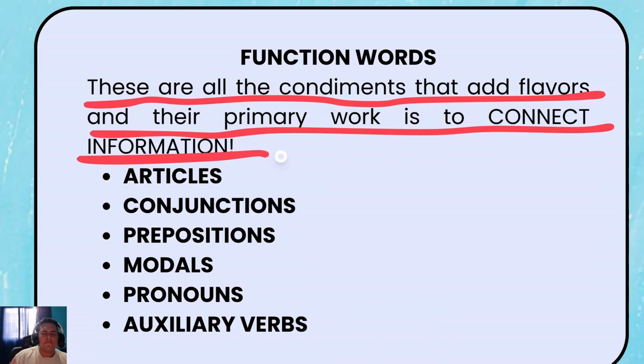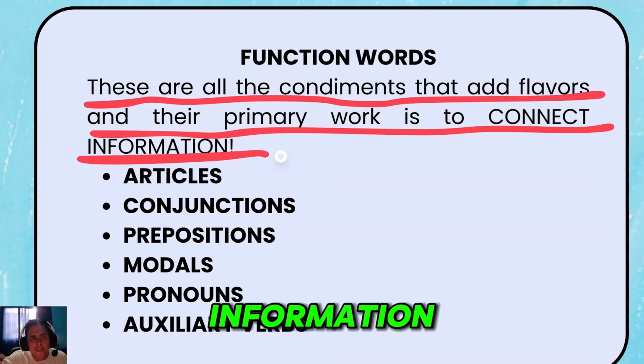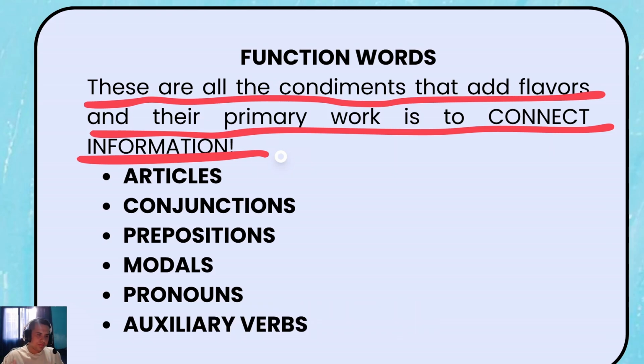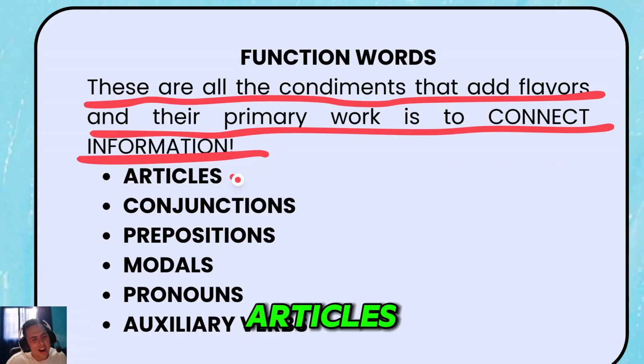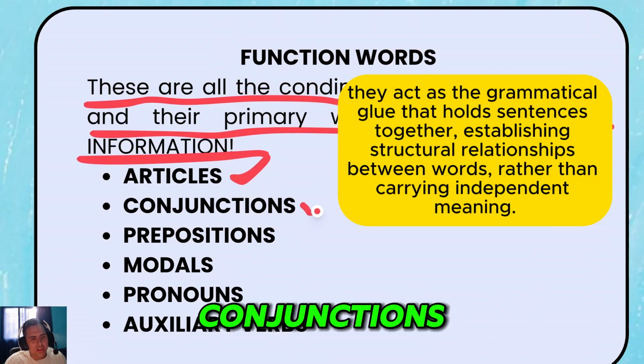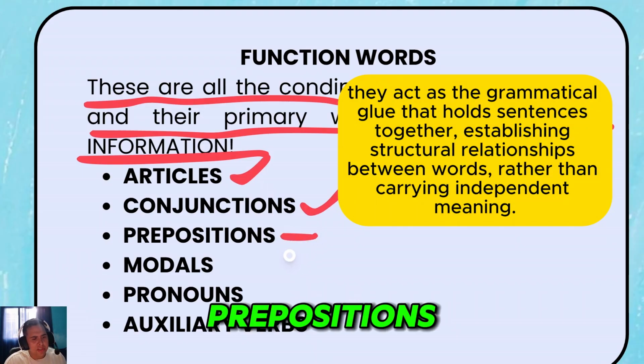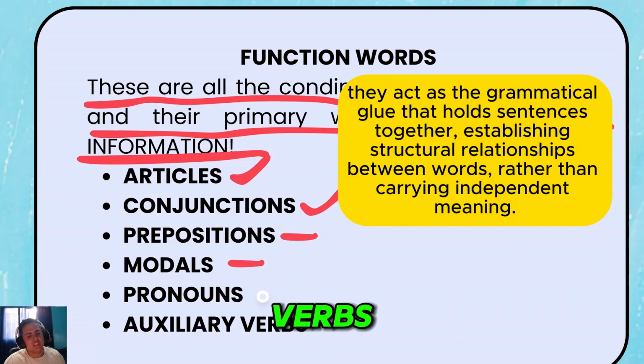So the role of the function words is to connect the information, like connectors. We have the articles, the conjunctions, the prepositions, the modal verbs, the pronouns, and the auxiliary verbs, which help the verbs. We learned that in the verb to be.